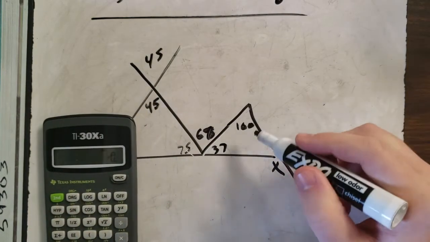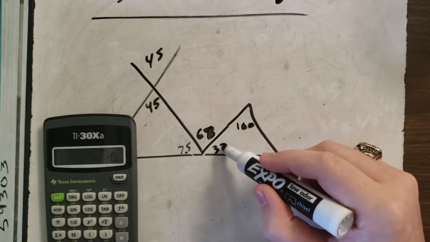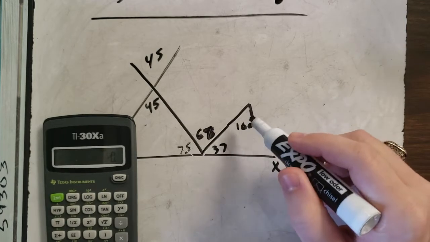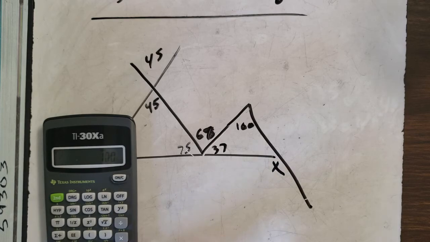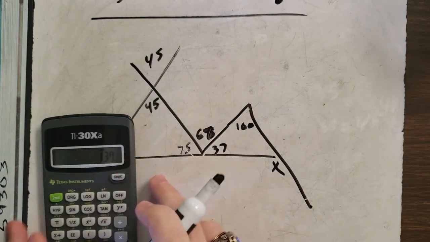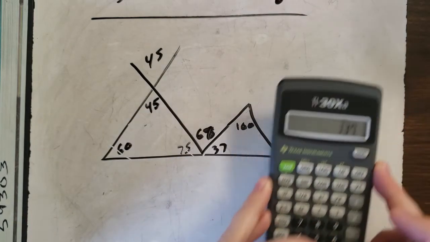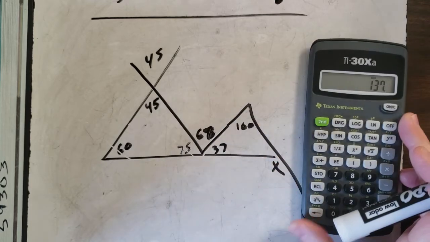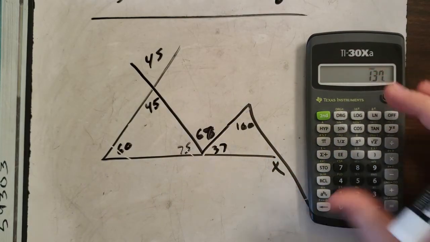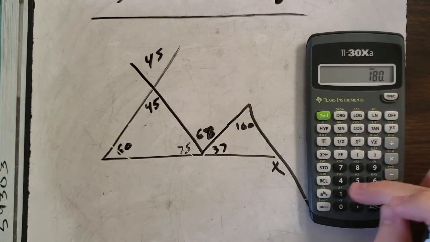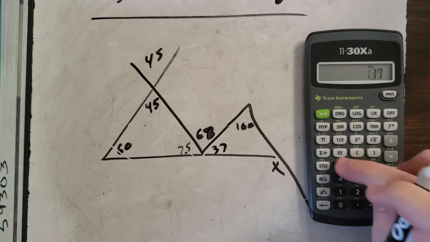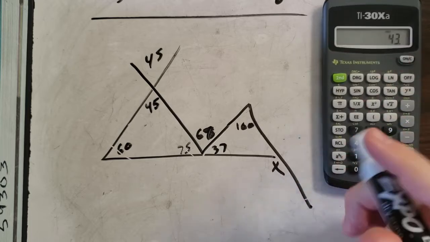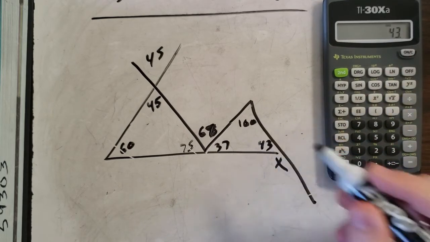All right, getting down. Try another triangle, 37 and 100. We add them up, we get 137, and then we subtract that from 180. 180 minus 137, and we get 43. That's our angle here.